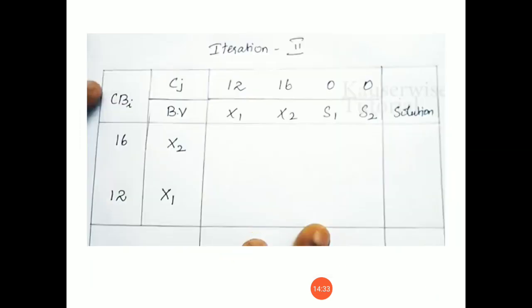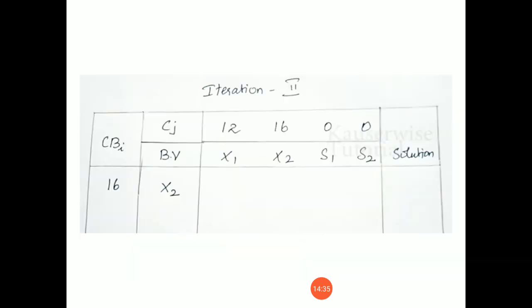So x2 and x1 will be the variables that I will be writing in the basic variable column, and the CBI for x2 is the coefficient of x2 in the objective function. As we can see in the question, the coefficient of x2 in the objective function is 16.